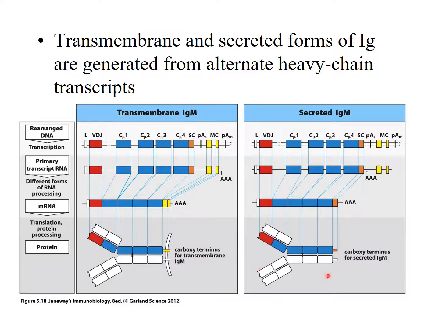You get what is referred to as a secreted immunoglobulin. The secreted immunoglobulin will now go into the bloodstream. It will be excreted out of the cell to enter into the tissues or interstitial tissues or into the bloodstream itself.